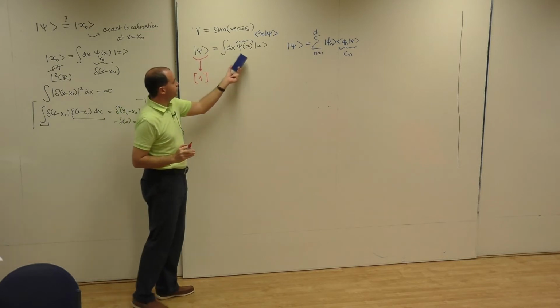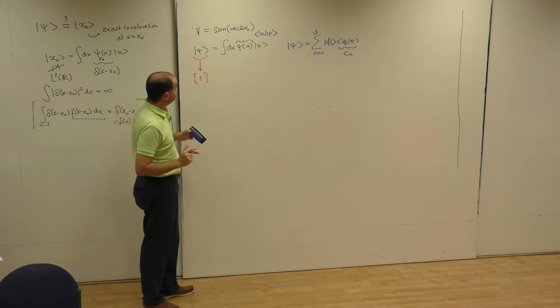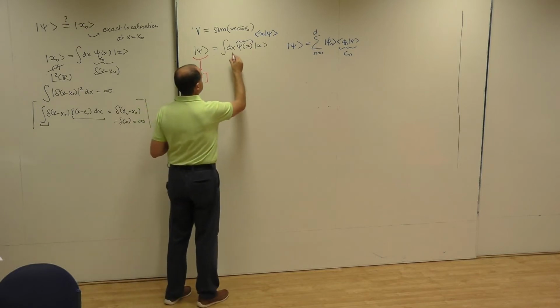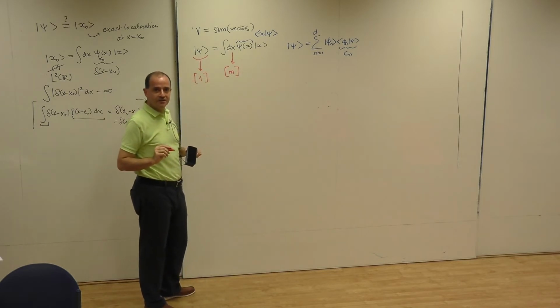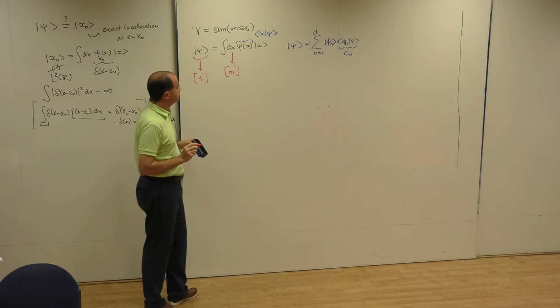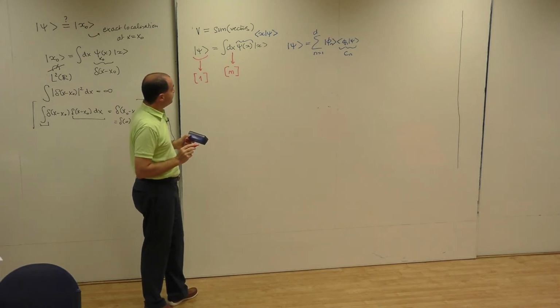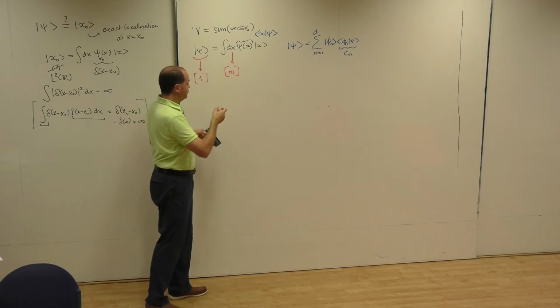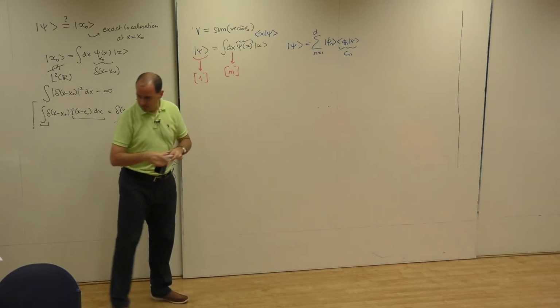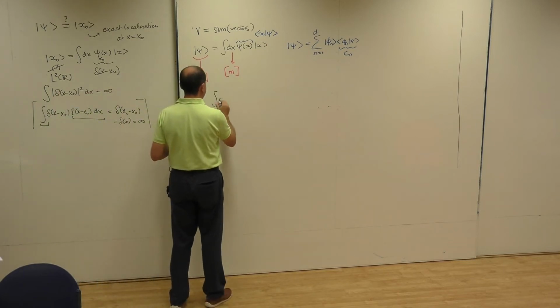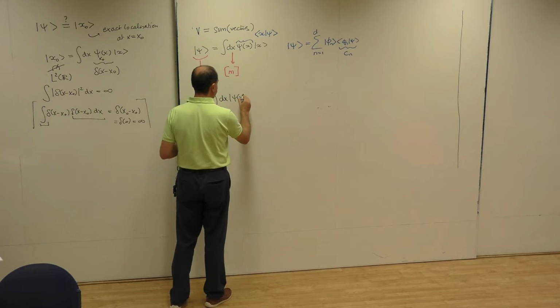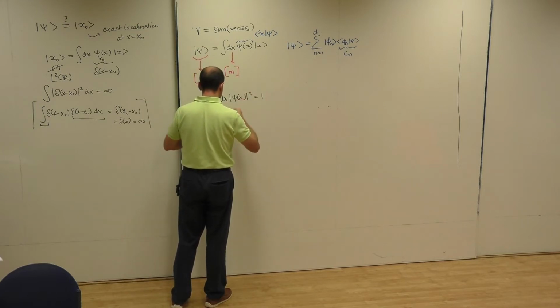Now, here what do we have? Well, we have here meters. So these two things must be together 1 over meters. And now, how do you do the distribution of these two? Well, remember I told you before that we have a normalization condition, integral dx psi of x squared is equal to 1.